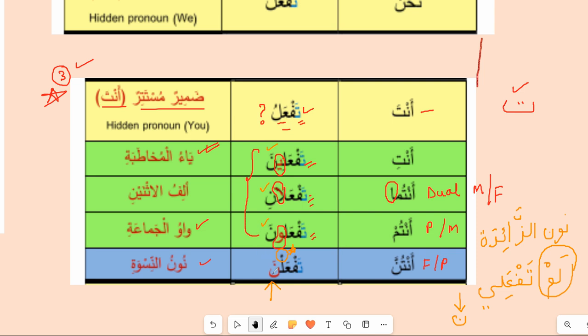And what about this noon niswa? This is a damir. It cannot get deleted in any position in a sentence. It remains as it is. So these are the most important points that I have told you about the noon niswa and all these noons. Now let's see the ghaibs.